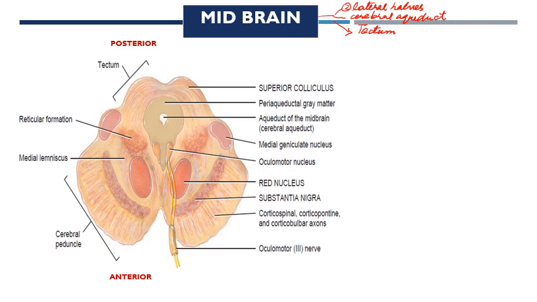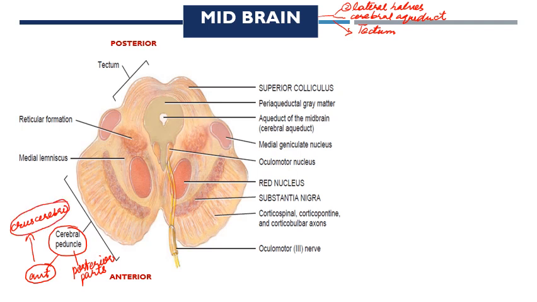The two lateral halves are called cerebral peduncles. Cerebral peduncle is composed of anterior and posterior parts. The anterior part of the cerebral peduncle on each side is called crus cerebri.